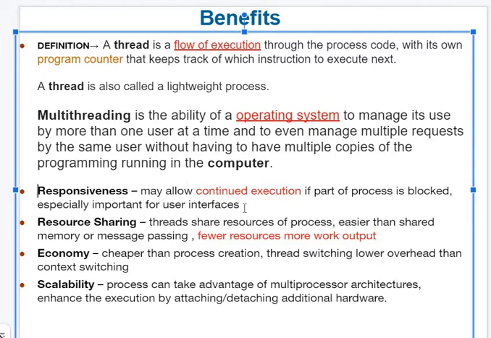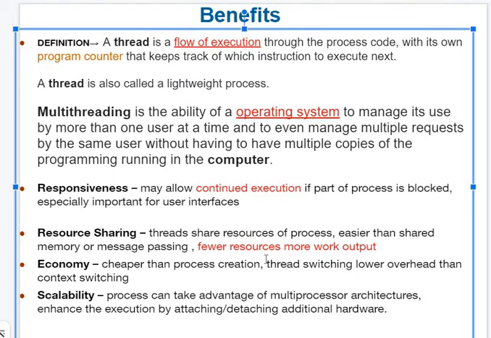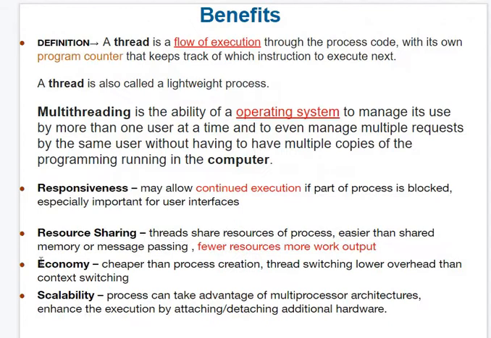Also, one more important point with respect to the multi-threaded environment is that since there are common resources like code, data and files, we cannot provide every thread a separate copy. There is only one copy of the resources, so definitely they have to be shared. And since it is sharing of resources, it is also called economy.